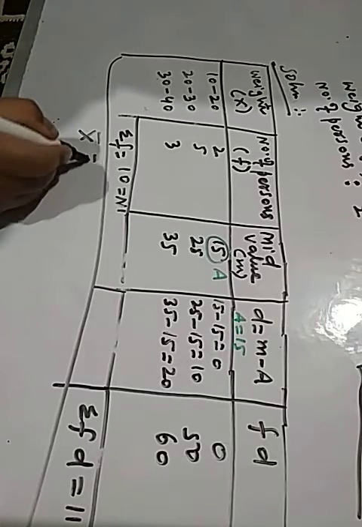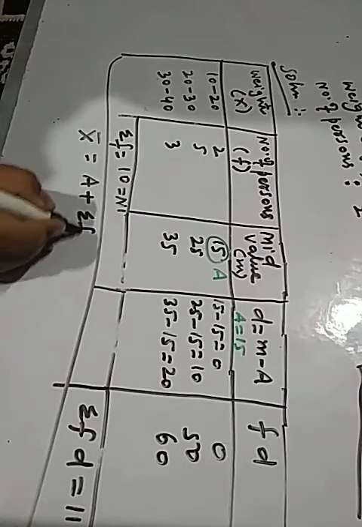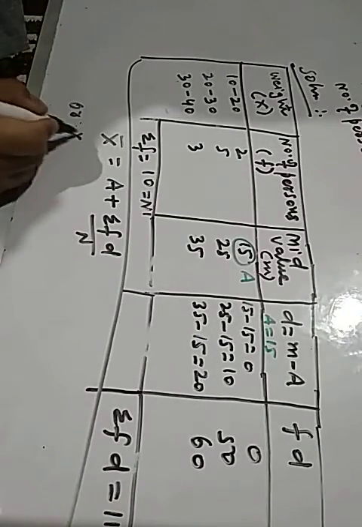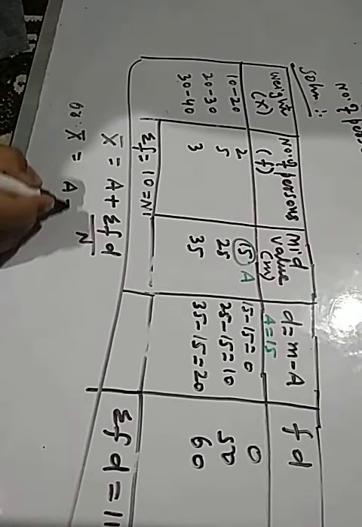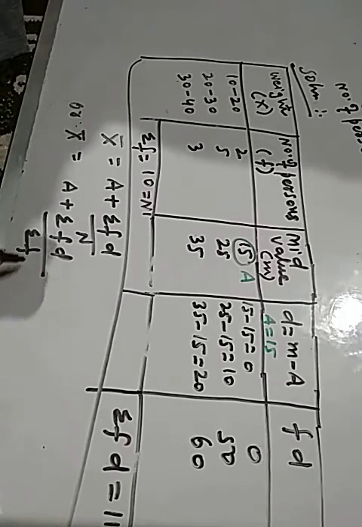x bar it will be equal to, इसका जो फॉर्मूला वो ये है assumed mean plus sigma fd divided by n, or I will also write it as x bar equal to a plus sigma fd divided by sigma f.